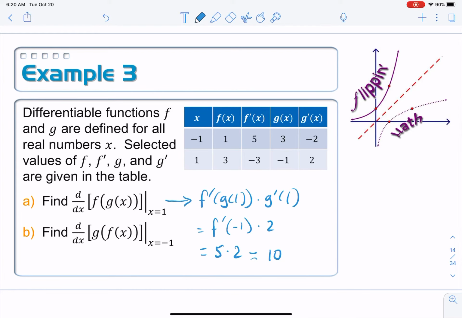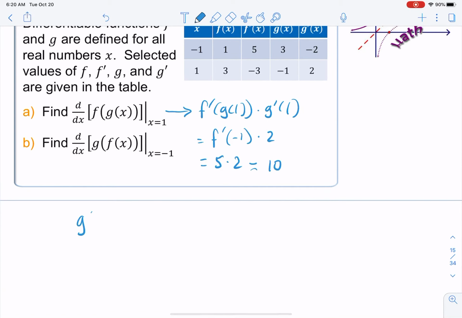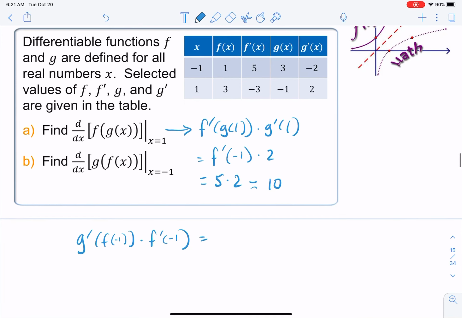Okay, one more of these. We want to go in the reverse order. So for part B, we've got g prime composed with f of x times f prime of x. As we did before, we'll take out our x's and replace them with a negative 1 this time. From the table, first of all, f of negative 1, just the y value, is positive 1.